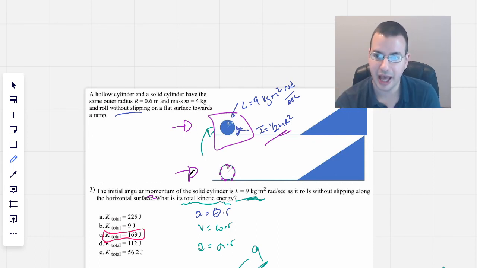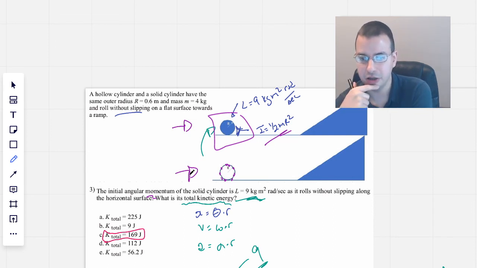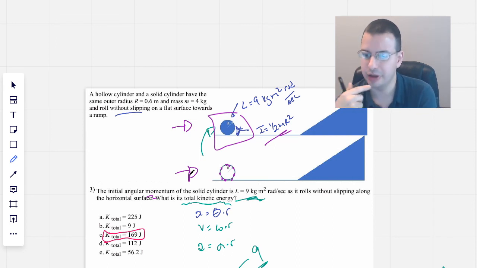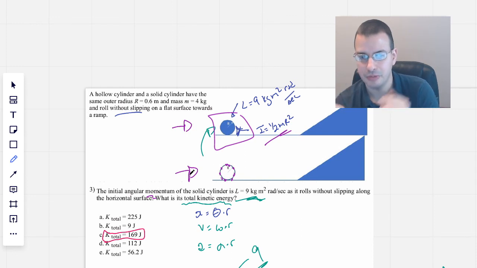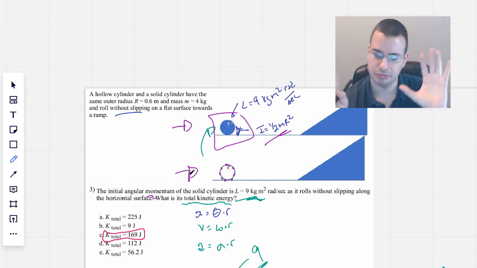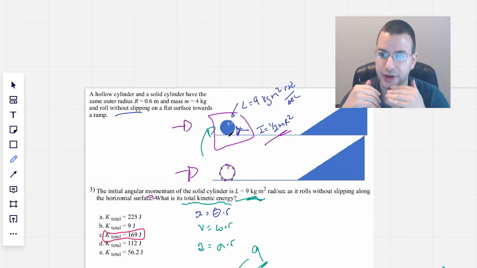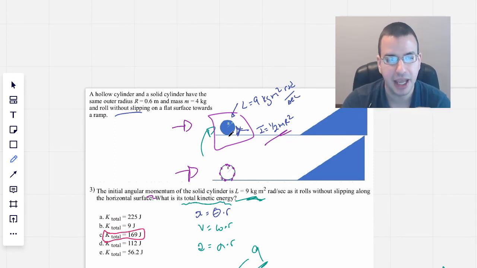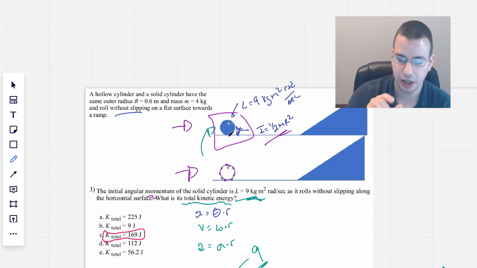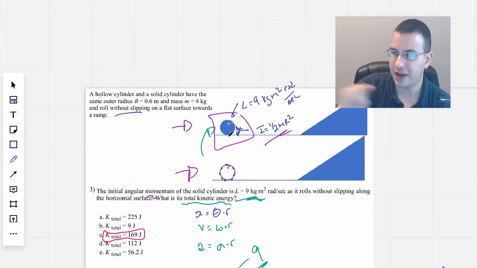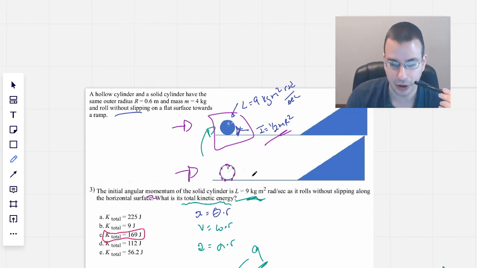And the more momentum you have, the more angular velocity you'll have too, generally, but with the moments of inertia taken into account. Long story short, the solid cylinder will spin faster because it has a lower moment of inertia. It's easier to spin. And since it's spinning faster and not slipping, it's going to be moving faster translationally as well.